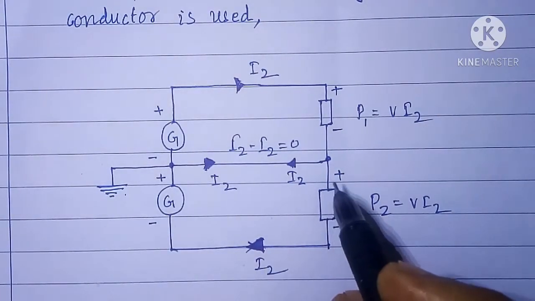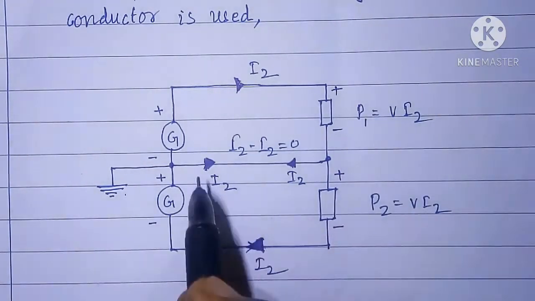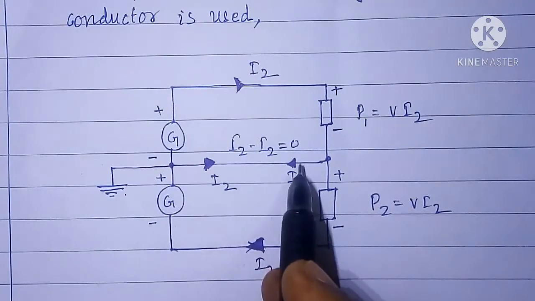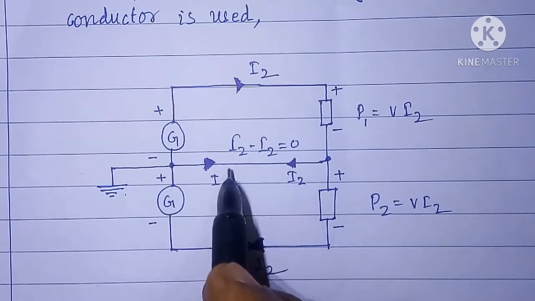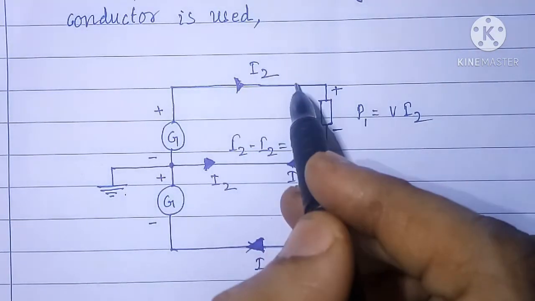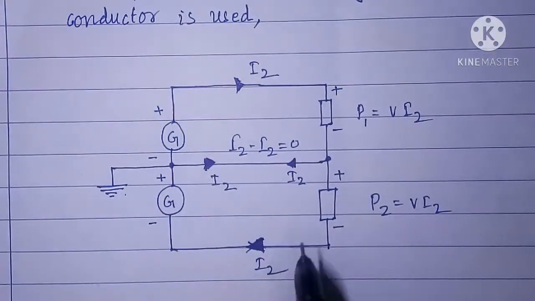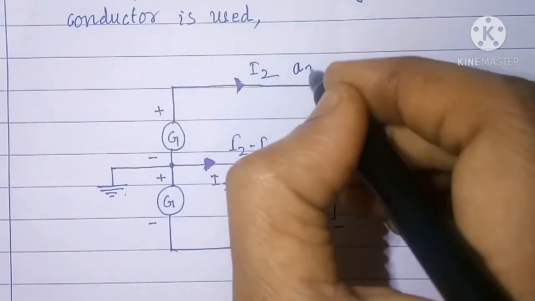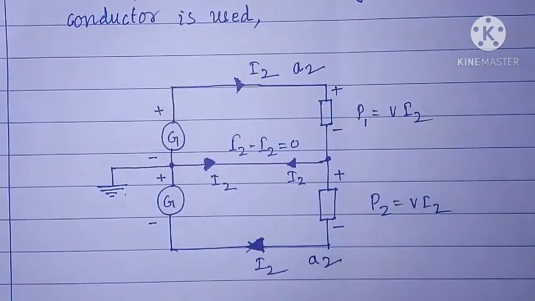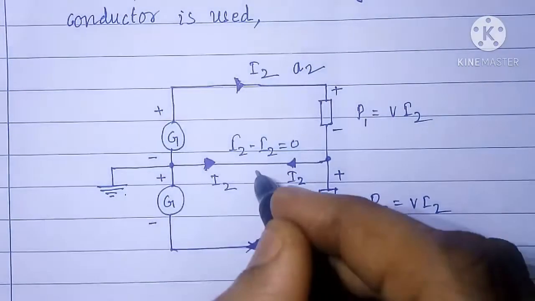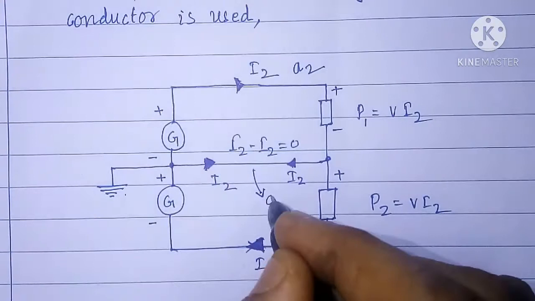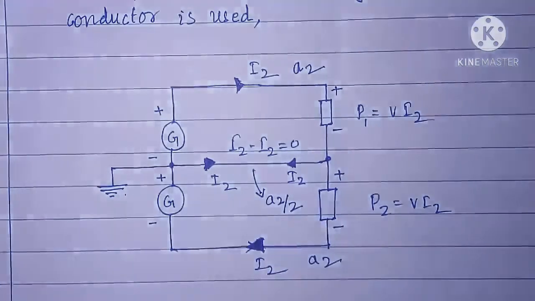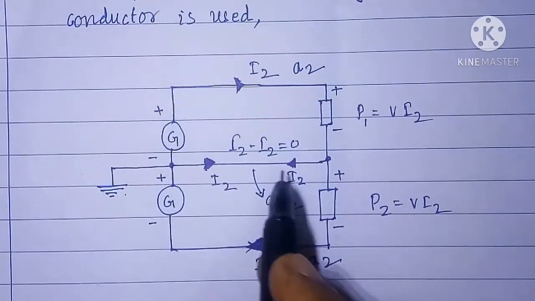For such a system where loads are balanced, the cross-sectional area of the return conductor is kept half of the cross-sectional area of the outer conductors. That is, if A2 is area of these two outer conductors, then the cross-sectional area of this return conductor will be equal to A2 by 2, because no current is going to flow there.